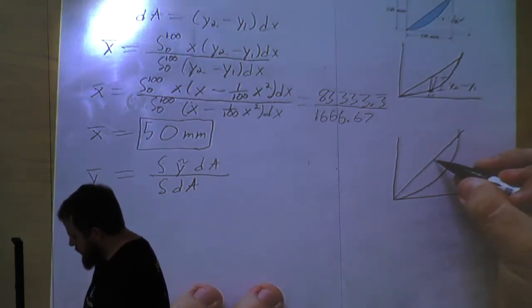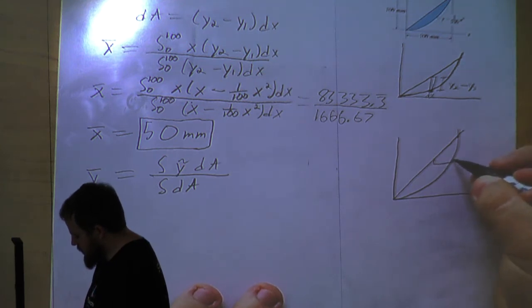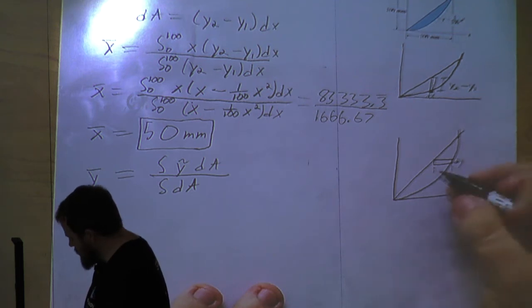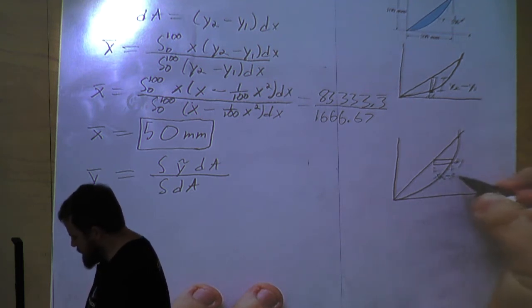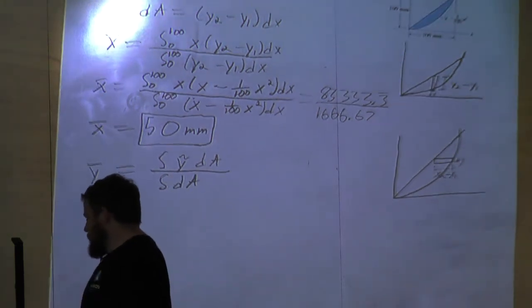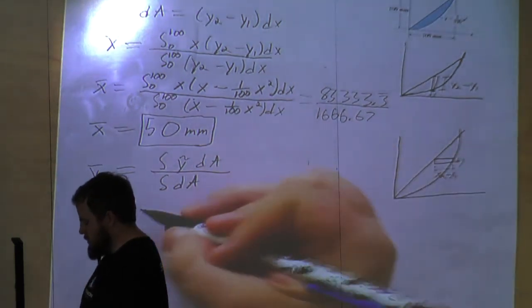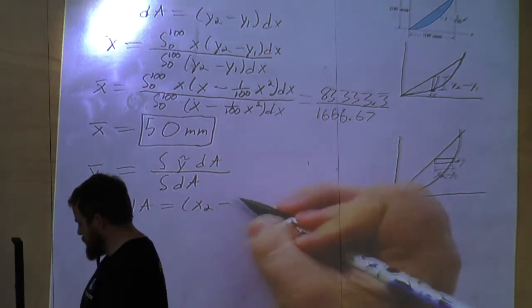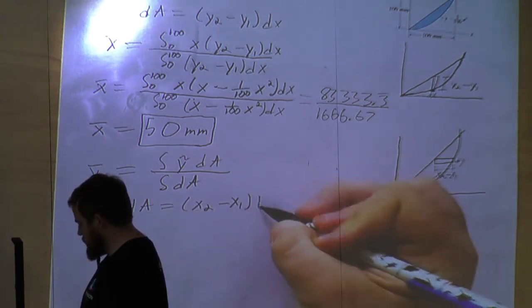So our dy is just going to be the infinitesimal change in y, right? So that little sliver is dy, and then your x's are going to be just x2 minus x1. Very similar to the first one. So now our dA becomes x2 minus x1 dy.